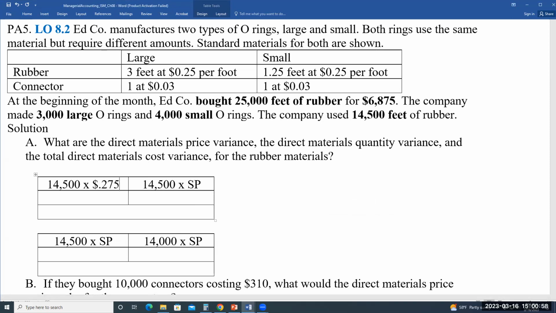What was the standard price per foot for rubber? 25 cents, right? Tells us here and here. Okay, so we'll put that in as the standard price. Now we can solve the problem.